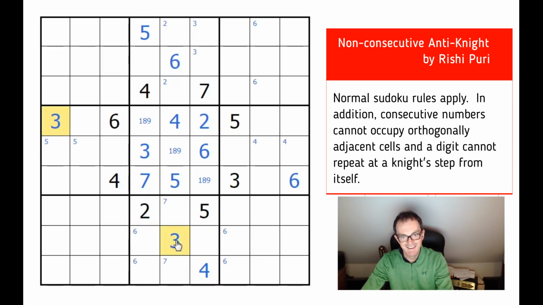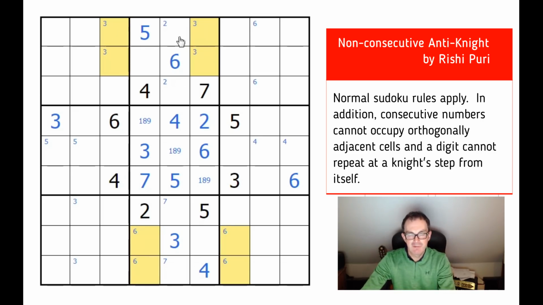And that is something magical. And now look, the 3s here are locked into rows 1 and rows 2. The 6s are ruled. Oh my goodness.